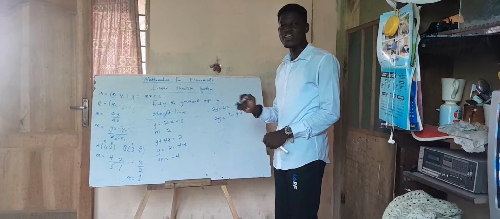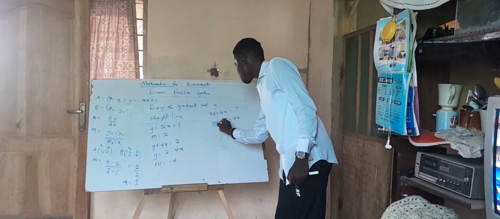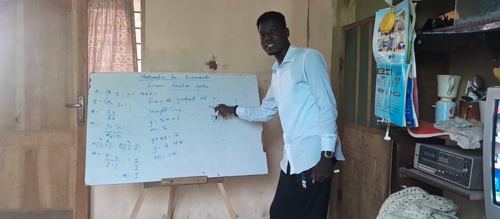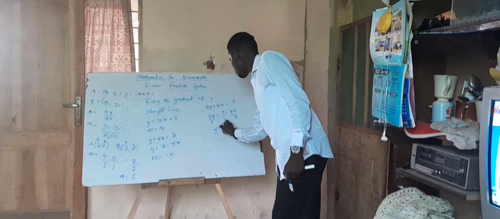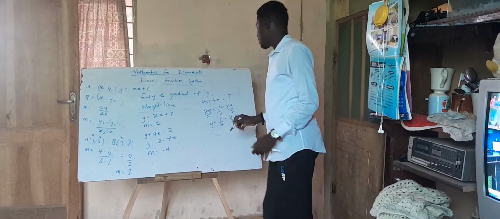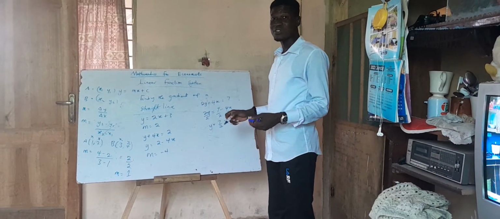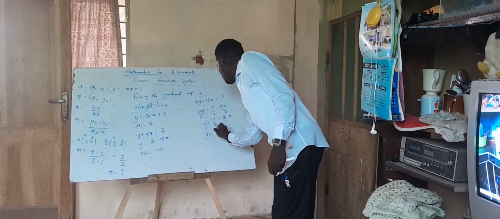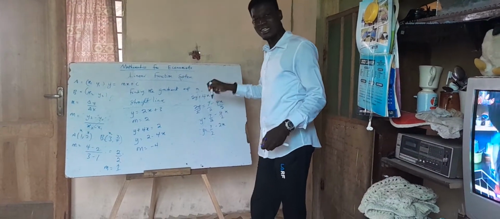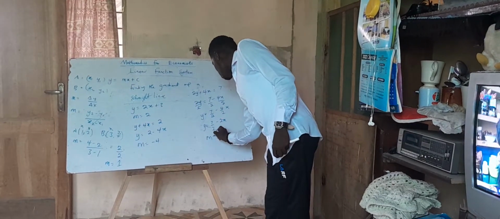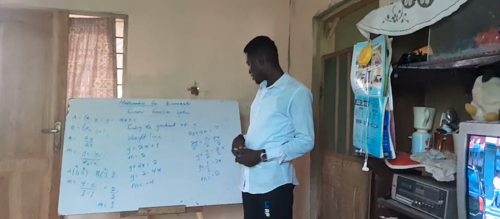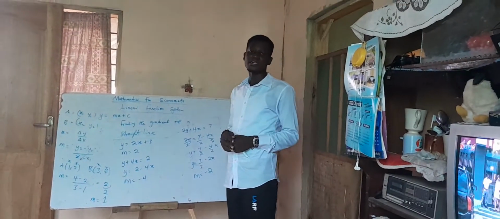Then you divide through by 2, so the 2 cancels out. You have y is equal to 7 over 2 minus 4 over 2 x, and 4 over 2 is the same as 2. So y is equal to 7 over 2 minus 2x. Now the gradient m is equal to minus 2, which is the coefficient of x.